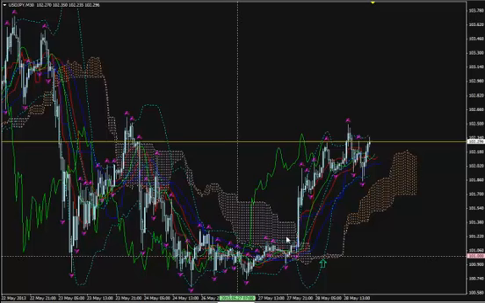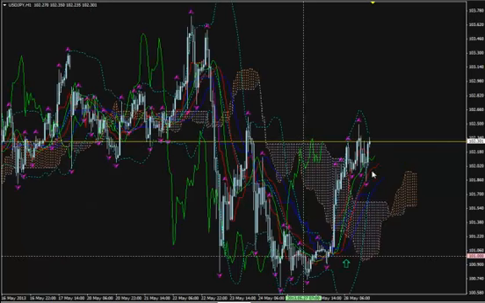That's why I use this system, and it reinforces the signals that I get from Ichimoku. And we see that Bollinger Bands, the edges are turned upwards, clearly bullish biases here.